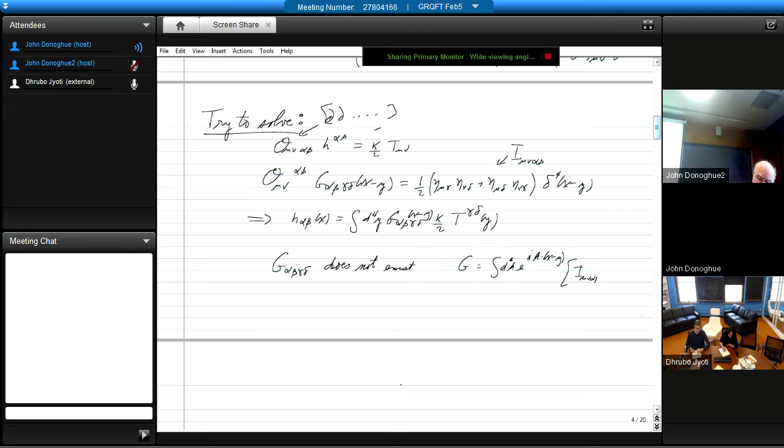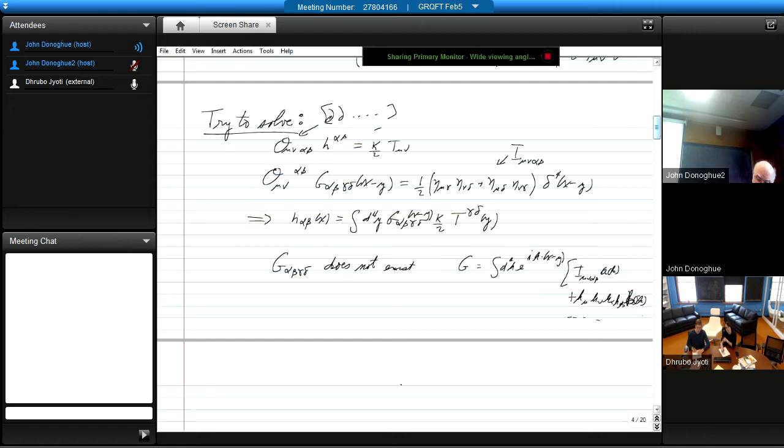You could have I mu nu alpha beta with some function of k squared, a of k squared. You could have k mu, k nu, k alpha, k beta, or some other function b of k squared. You write out all possible combinations, act on this thing with this differential operator, which is defined from above, and you find that there's no solution for a, b, c, d, whatever there.